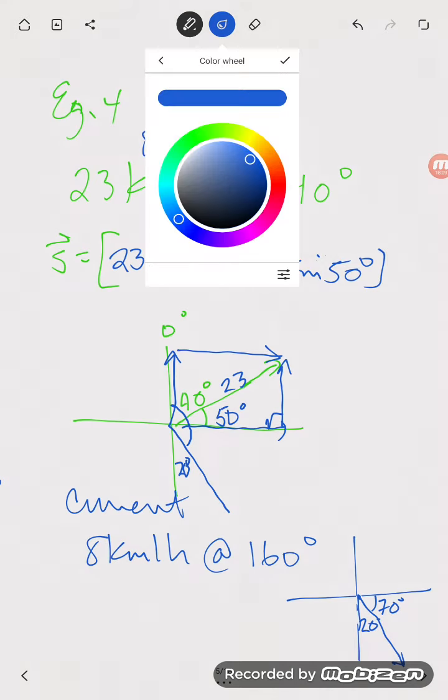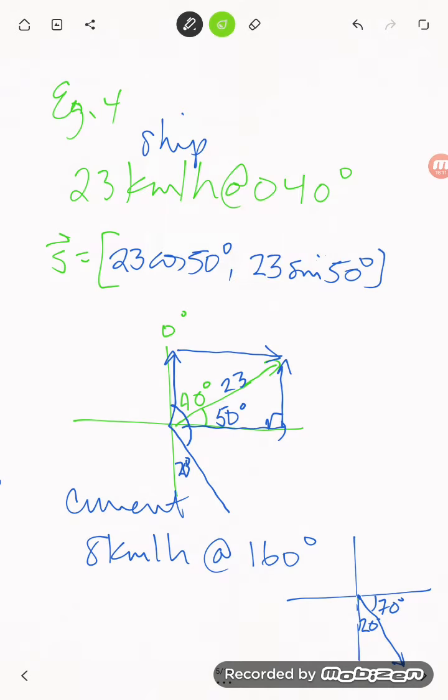So again, I have the choice whether I want to use these components to find the components, or use these ones. Doesn't really matter. The sine and cos will be switched because they're complementary angles, so they'll come out equal anyway. If you don't know what I mean by that, don't worry about it.